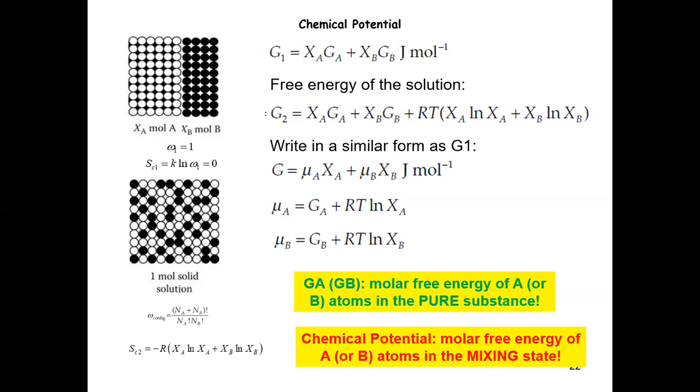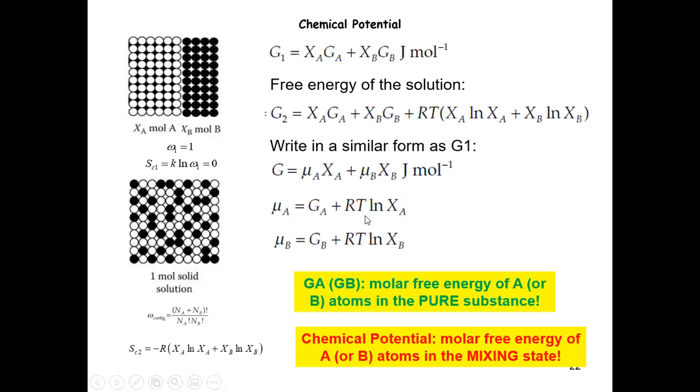And so you can get the overall free energy by simply modifying the molar free energy by this relative molar fraction. And similar for this part, right? So it's a molar free energy of A and B, but not in the pure state, in the mixing state. And we analyze this form of free energy, and we can clearly see that this GA corresponds to the molar free energy of the pure phase, of the pure state, but then you have something extra, a term.